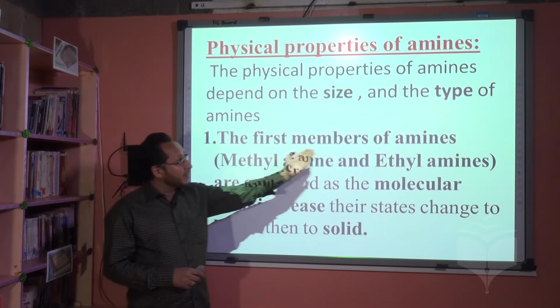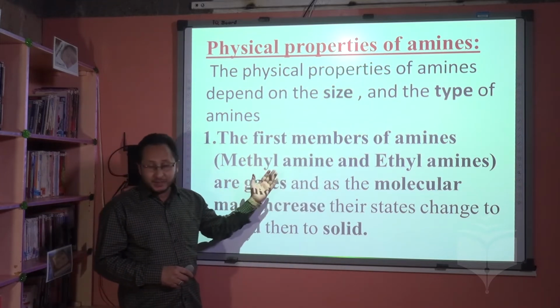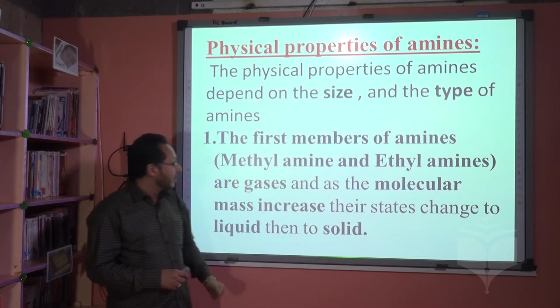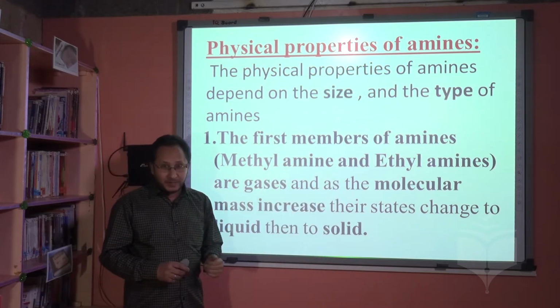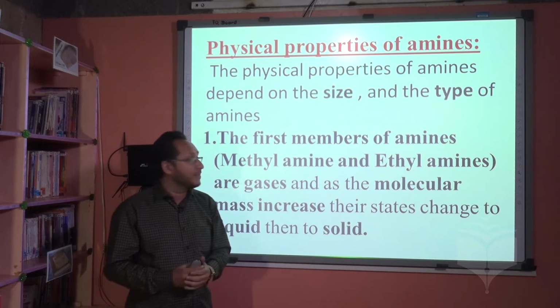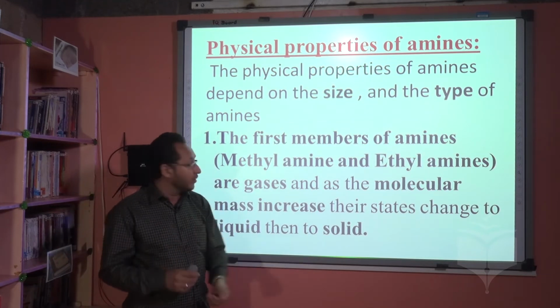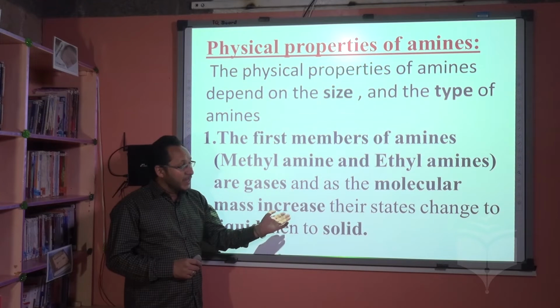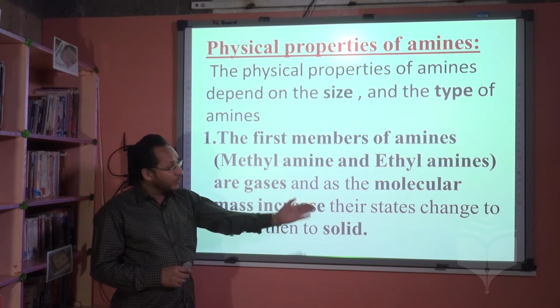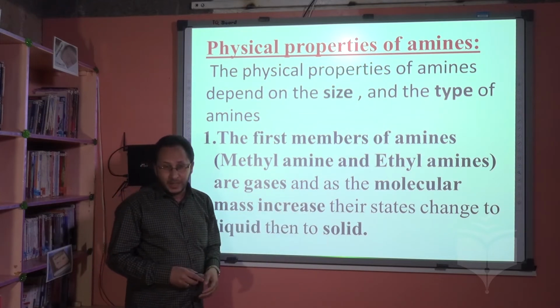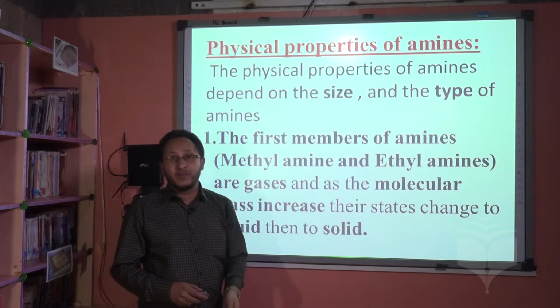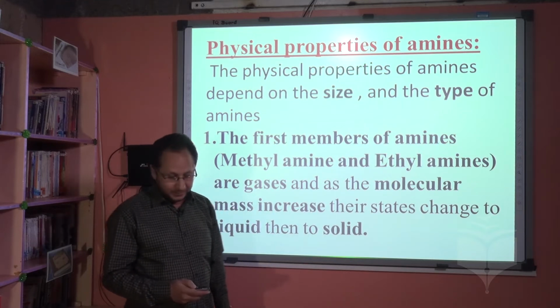The first members of amines, methylamine or ethylamine, are gases. But by increasing the molecular mass, meaning carbon atoms, they change their state to liquid then to solid. That means the higher members of amines are solid.